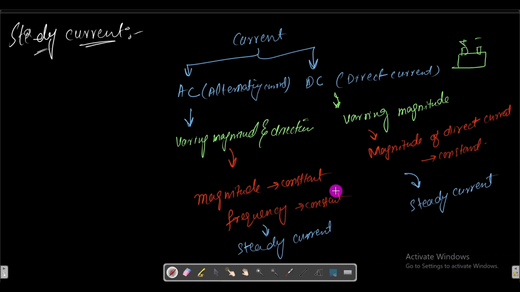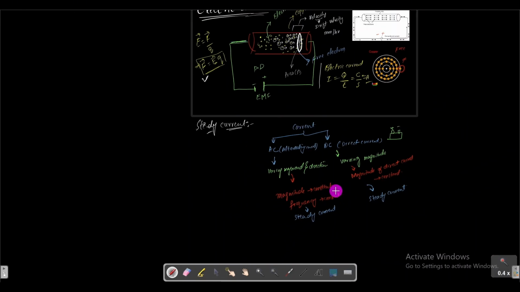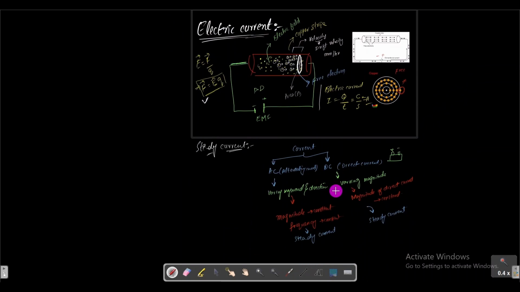So from this we can conclude that steady current has the same concept as I discussed here, but we consider the magnitude of the current as constant. In another way, if we consider the flow of these charges through an area at a given time as constant, we call that a steady current.